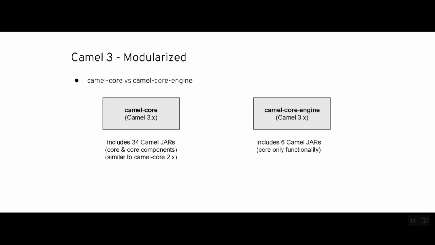You can use the Camel core and bring in all 34 dependencies, so all the jars needed, or you can use the Camel core engine, which contains the basic features needed for a jump start in Apache Camel 3. It's up to you to choose.